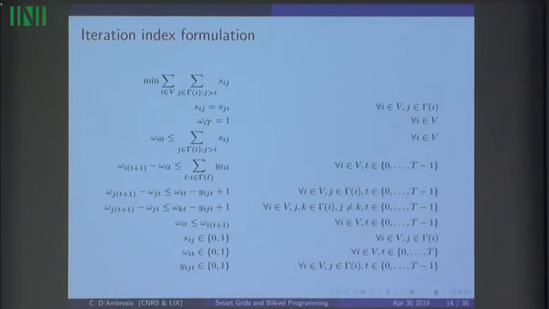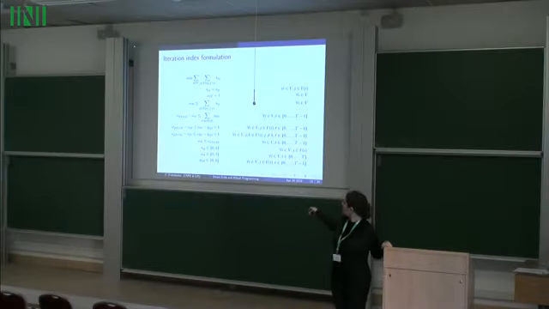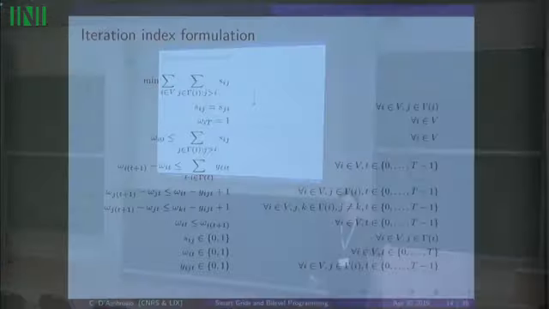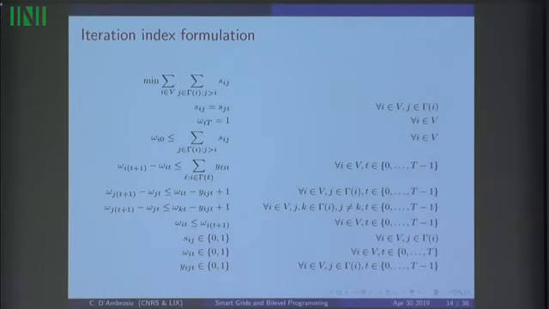Questions? So there are two things. One observation is that we need to give a value to capital T. Yes? The time horizon. Yeah, exactly. So capital T, we need to give a value to that. And actually we could prove that in the worst case, the number of iterations you need at maximum is n minus 2, the number of nodes minus 2.